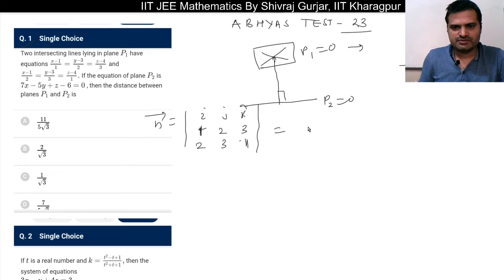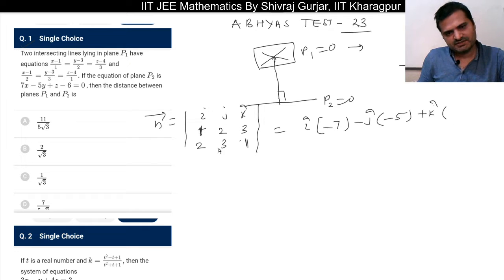Now let us find this. This is 2 minus 9, that makes this minus 7 i. Minus j times 1 minus 6, that is minus 5 j, plus k times 3 minus 4, that is minus 1. So it comes out to be minus 7i plus 5j minus k.